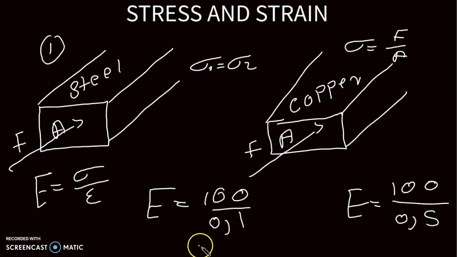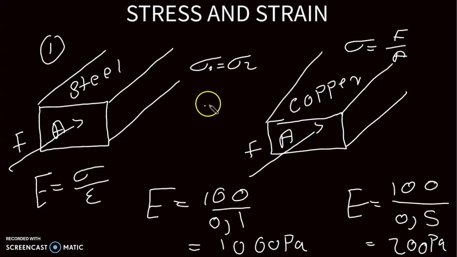If we calculate, this will give us a Young's modulus of 1000 Pascal, and this will give us 200 Pascal. So from here we can see that the larger the Young's modulus, the stronger the material. The smaller the Young's modulus of elasticity, the weaker.